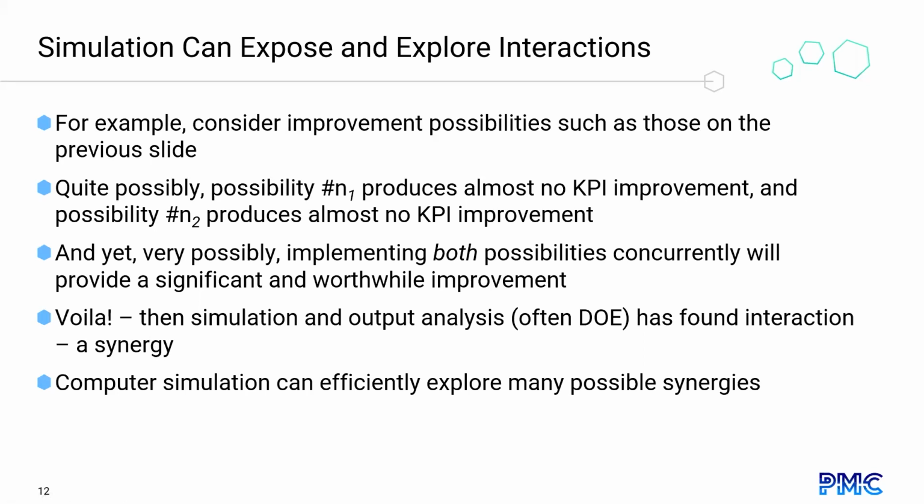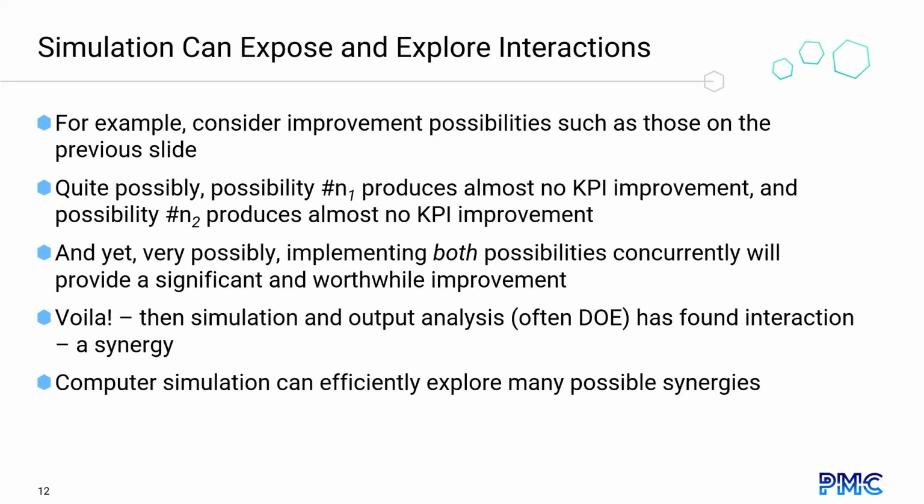It may be that the new faster machine by itself produces hardly any improvement. And it may be that investing in one more worker produces hardly any improvement. And yet it may be that investing in both produces a very significant, worthwhile improvement, well worth making both investments. That is a correlation or a synergy.